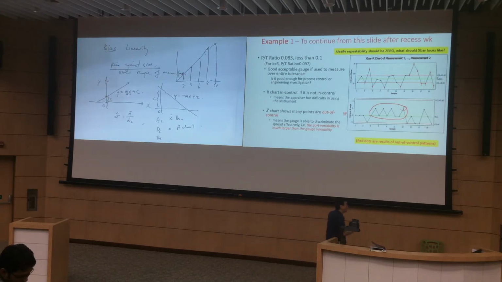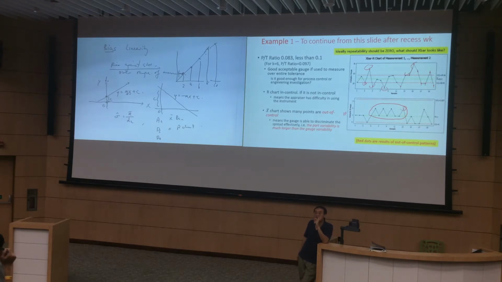Then let's look at the X bar R chart. Wow, you say all these guys are out of control, you know? So many out of control. What happened? Now, think about our analogy, right? If your equipment is good, repeatability should be, the sigma there should be near zero or zero.